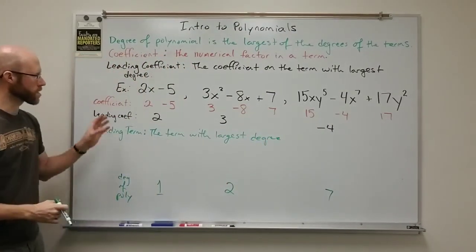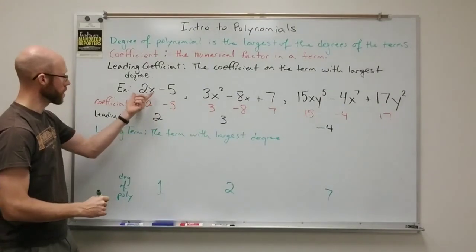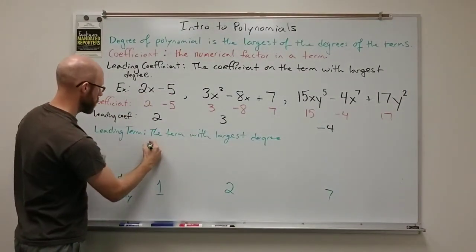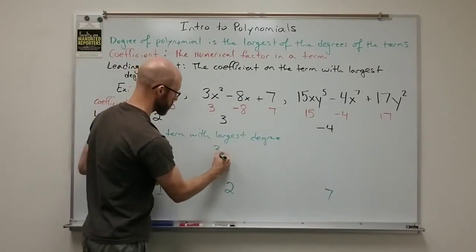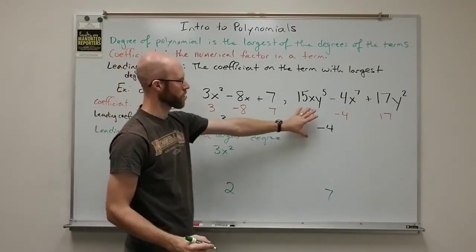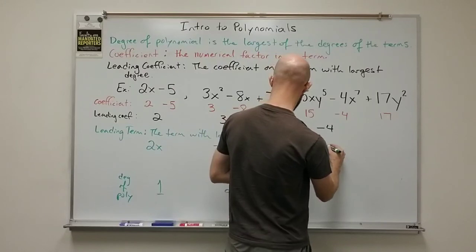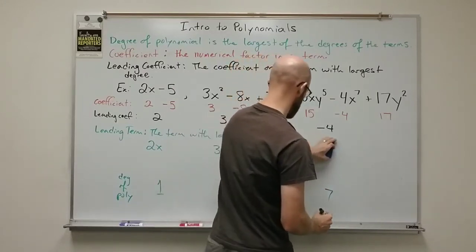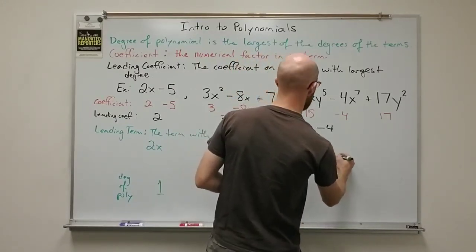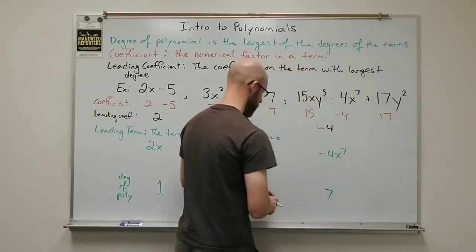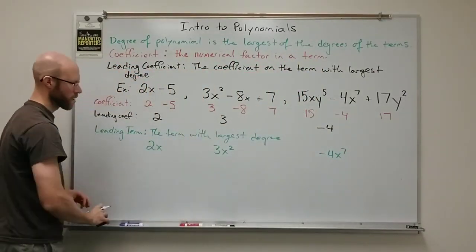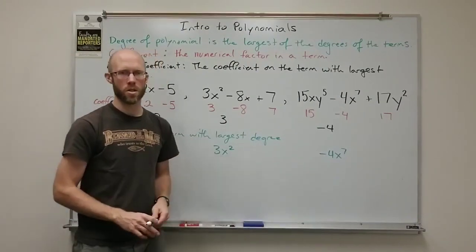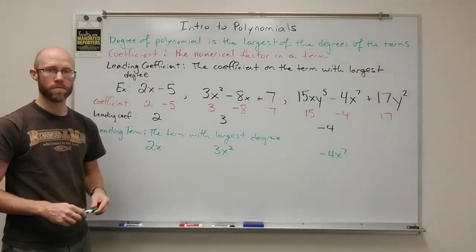And so in each of these examples, the leading term in the first one is 2x, the second one is 3x squared, and in the third one here it's -4x to the 7th. Okay, so again, those are the terms with the largest degree in the polynomial, all right?